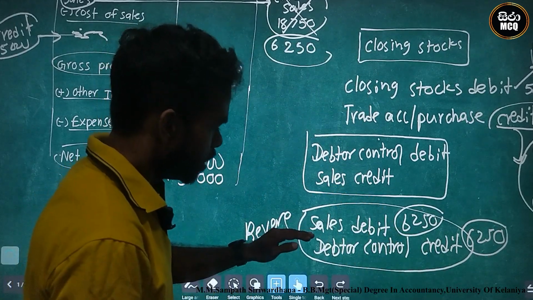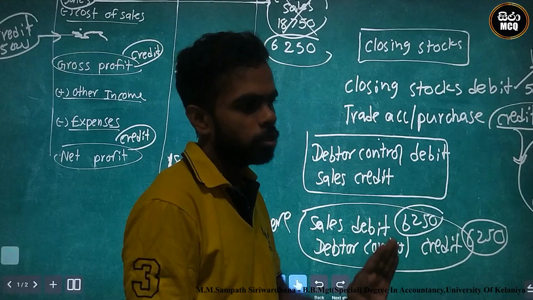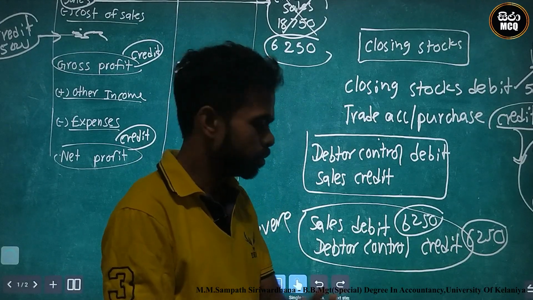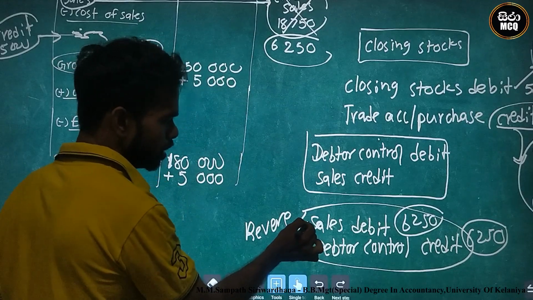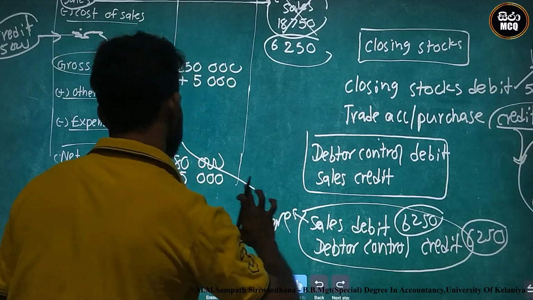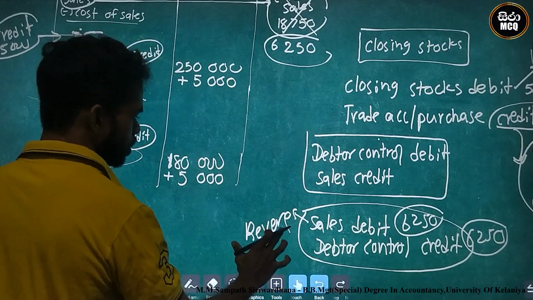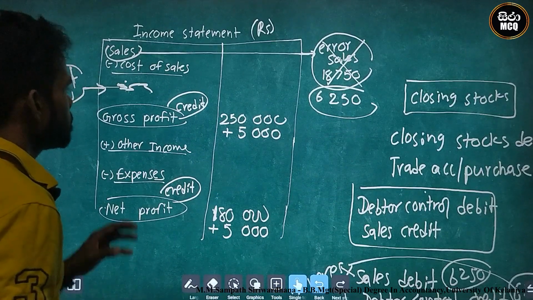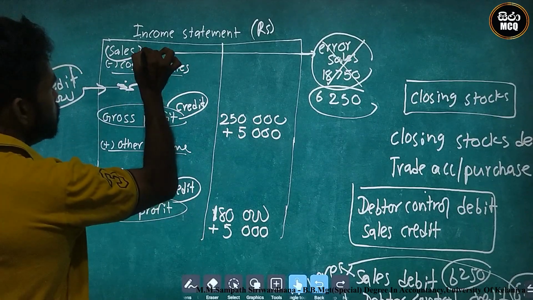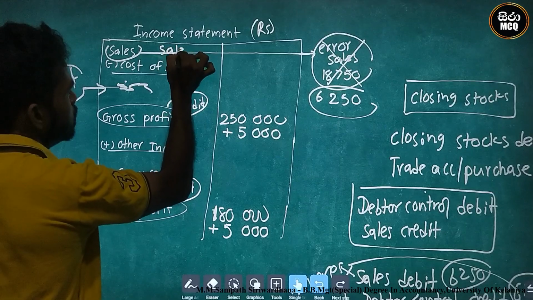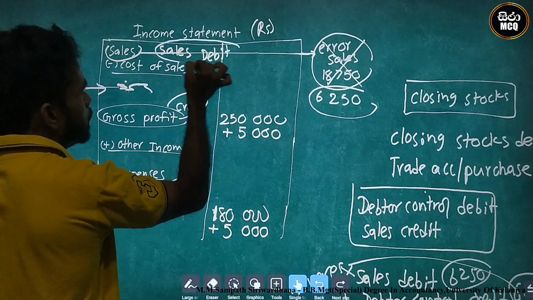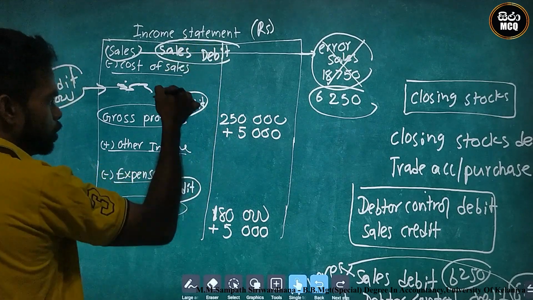Debtor control is impacted to statement of financial position. This is not impact to gross profit or net profit. Sales debit is impacted. Look here. What is the short? Sales debit. Sales is impacted to gross profit. Why?